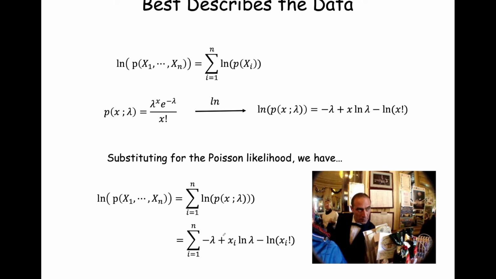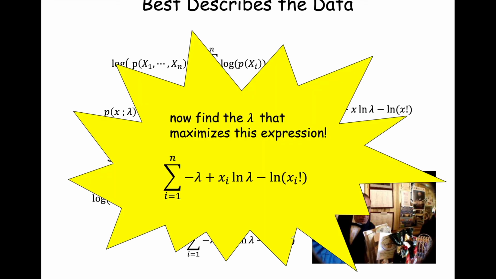So this is going to be our expression that we're going to try to maximize, and it's the lambda value that maximizes this new transformed expression that is going to be the same lambda that would maximize the original superproduct. And so now what we want to do is find the lambda that maximizes this expression. Okay, so let's continue.